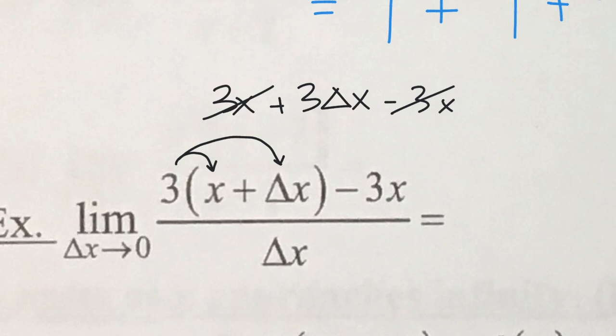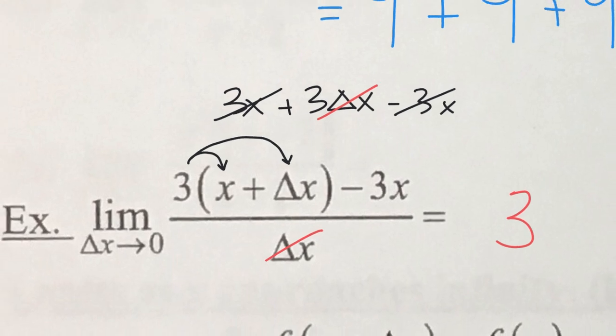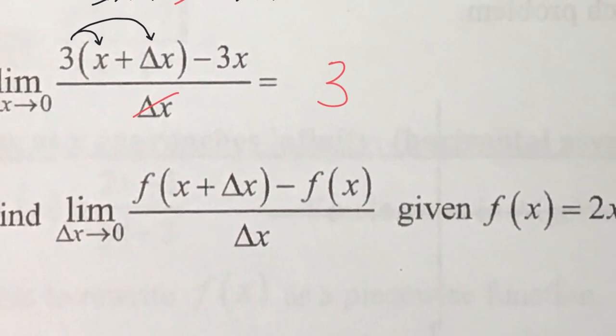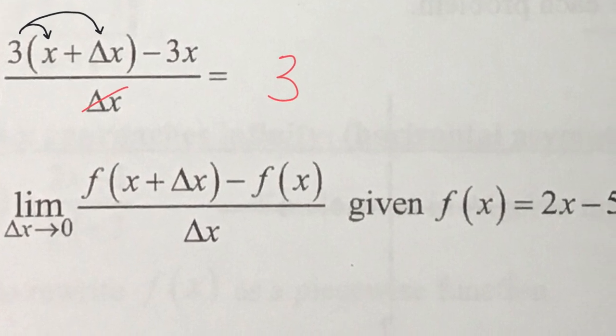So what can we divide out? The delta x divides to give you 1, because it's multiplication. 3 times delta x divided by delta x is just 3. So no longer do we have any variables at all. Our answer is just 3. So what looked like it was pretty tricky turned out to be a pretty simple problem.